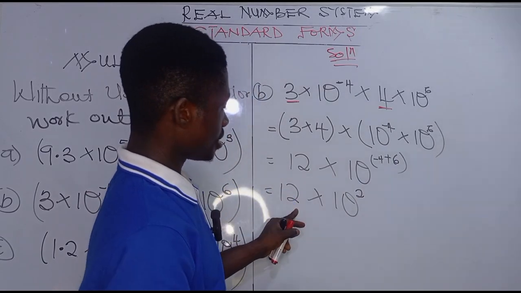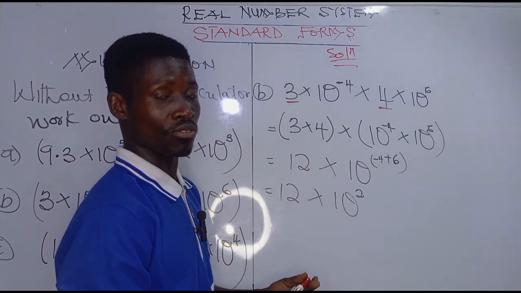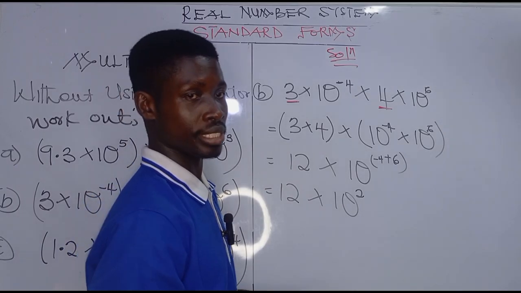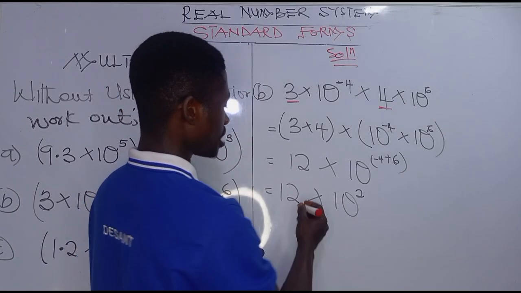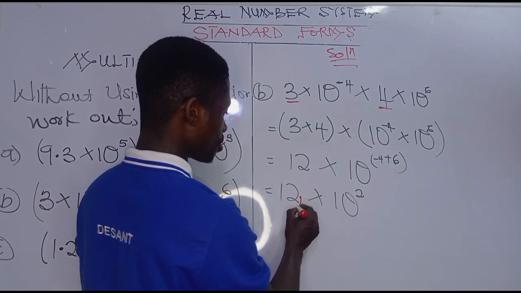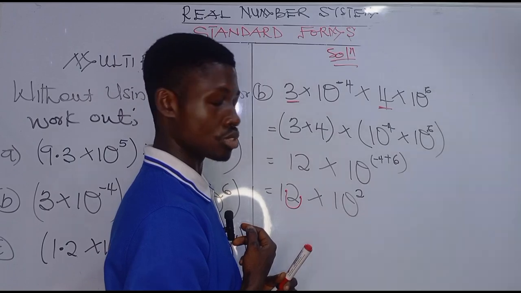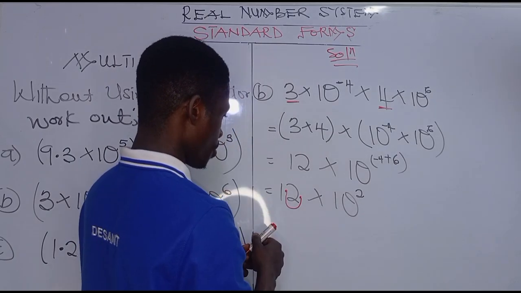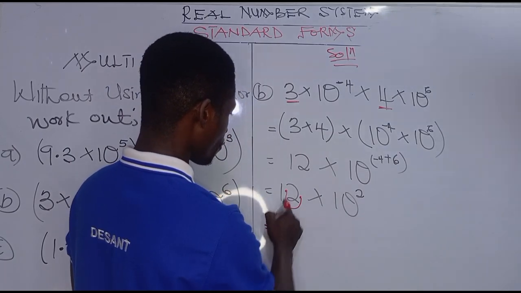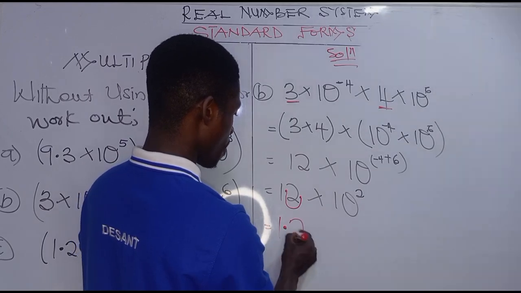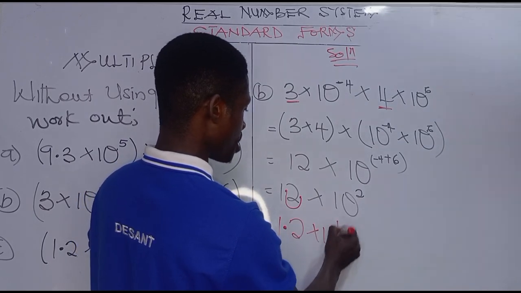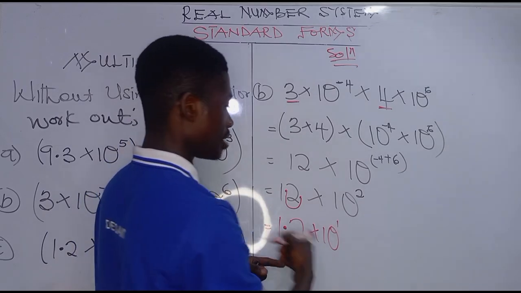But remember, this is not in the correct standard form. We have to write it in the correct standard form. So you know that our decimal point is here. We are going to move it so that it will be behind the first natural number, or in between the first two natural numbers. So we are going to get 1.2 times 10 raised to the power 1 because we moved to the left.